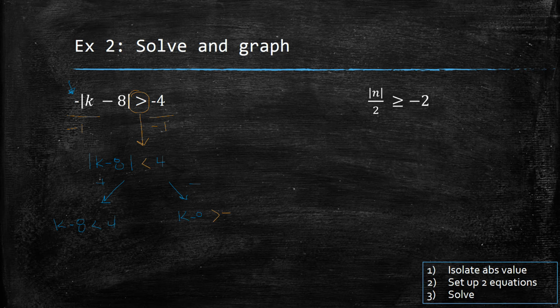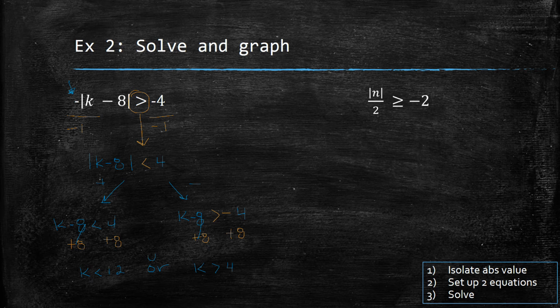So we have k minus 8 is now greater than negative 4, which we can solve by adding 8 to both sides. That cancels here, so k is less than 12. And that cancels here on this side, so k is greater than positive 4.